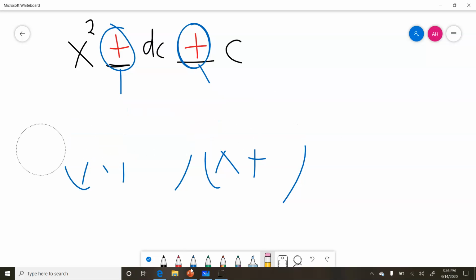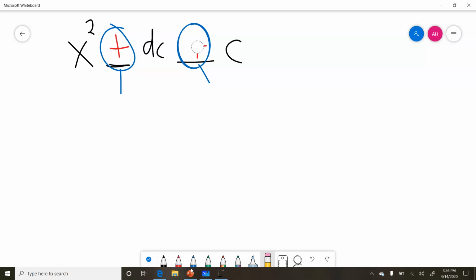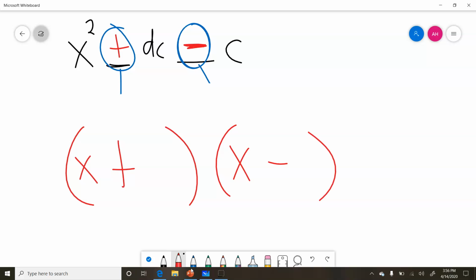Now, if we have a plus and then a minus, what that means is that one of them is going to be a plus, and one of them is going to be a minus. Do you see that? We just carry it down. So again, take the blue, and it just carries. So the only time it does not carry down like that is when it's two negatives.